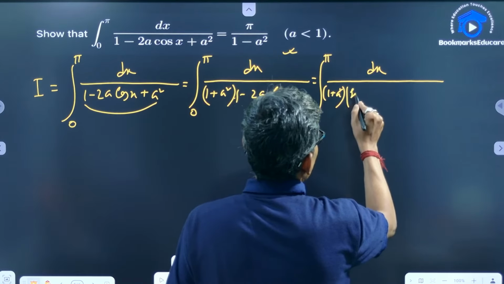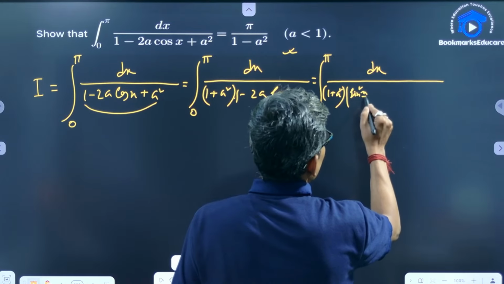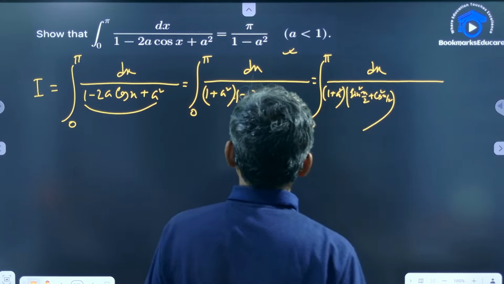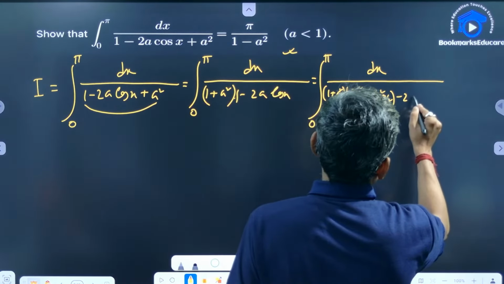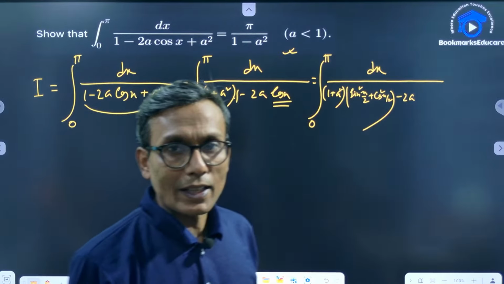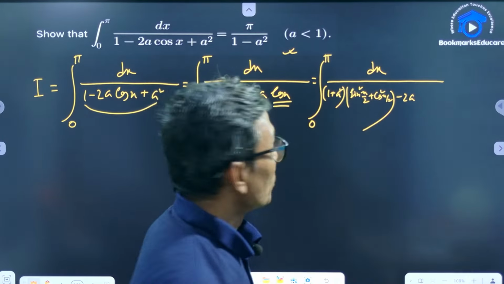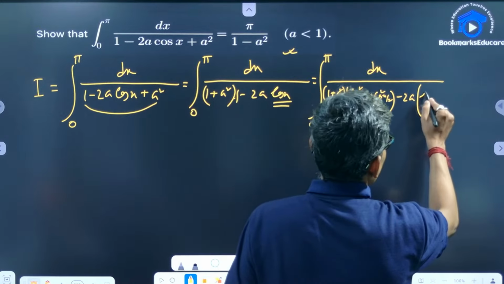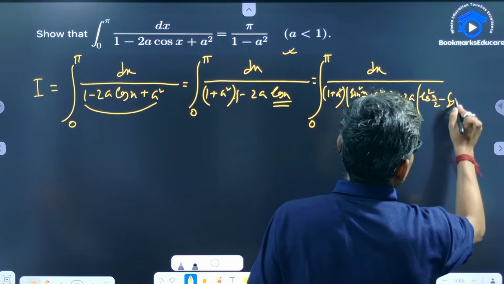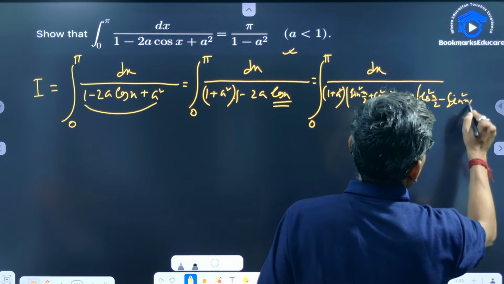So sin square x by 2 plus cos square x by 2, okay, minus 2a cos x. In place of that, we will put the multiple angle formula, which is cos x, which is cos square x by 2 minus sin square x by 2.